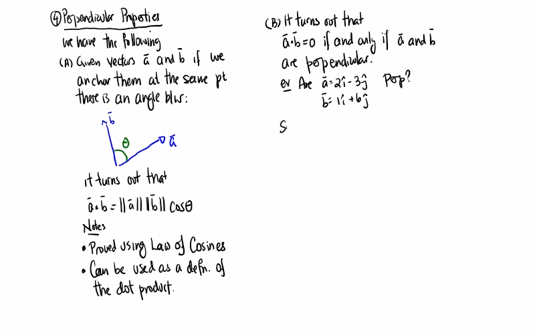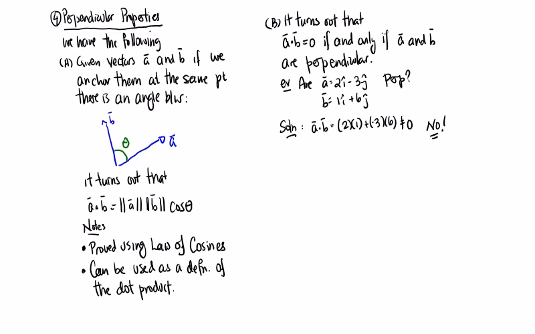All you do is take the dot product. You get 2 times 1 plus negative 3 times 6. You don't get 0. So no. All right, that's it. So that's a really nice, simple test of perpendicularity.